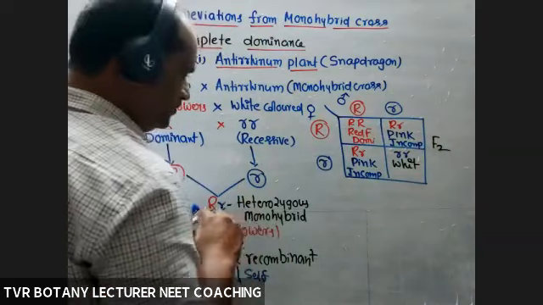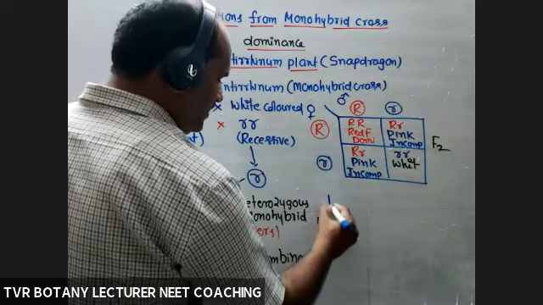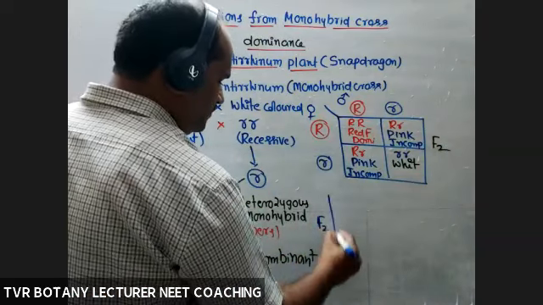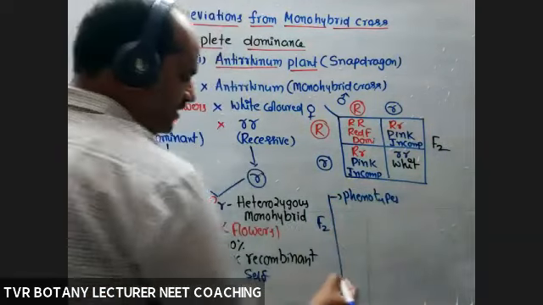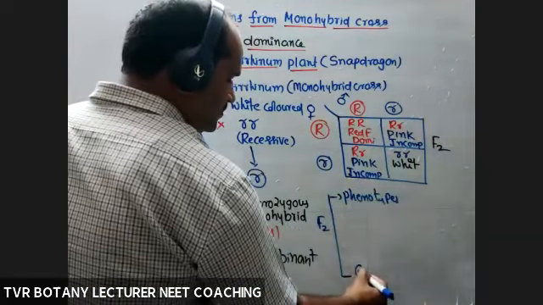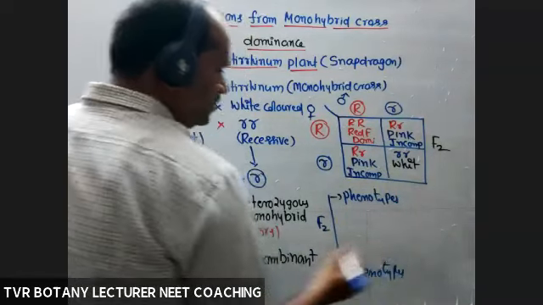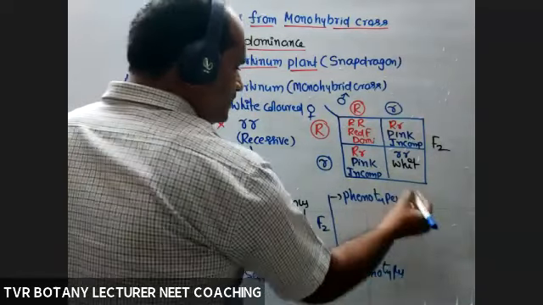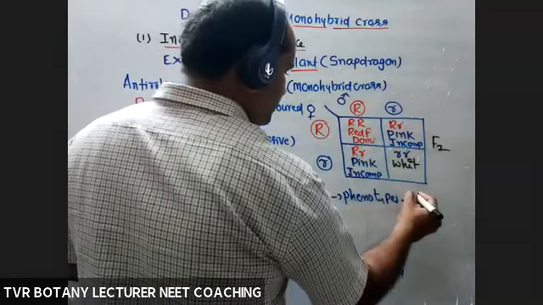So in this F2 progeny, first phenotypes and genotypes. How many kinds of phenotypes? And how many kinds of genotypes? First, phenotypes. Out of 1, 2, 3, 4. First one, take red.